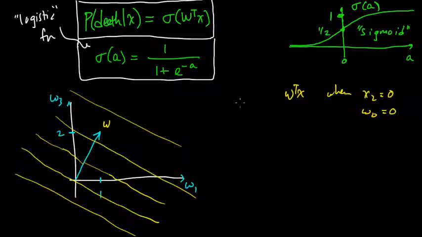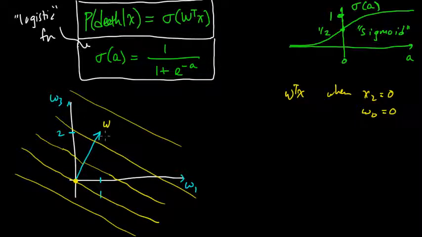It's going through the page because when x is 0, if it's the origin, then of course w transpose x is 0. And if x is somewhere over here, or maybe say it's on the line w, or maybe it's actually equal to w, then this is w transpose w, and so that's going to be positive.